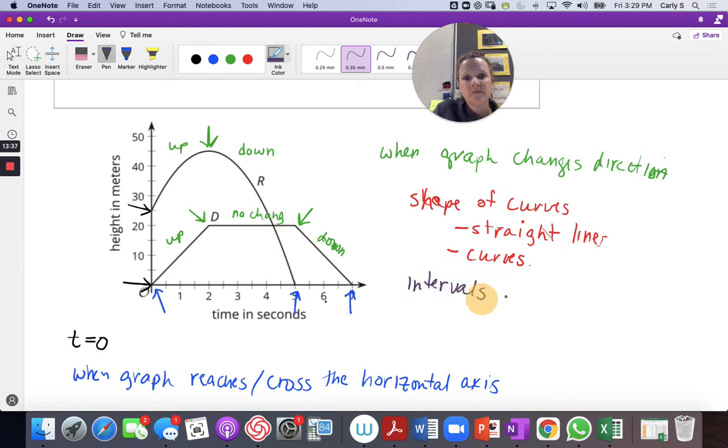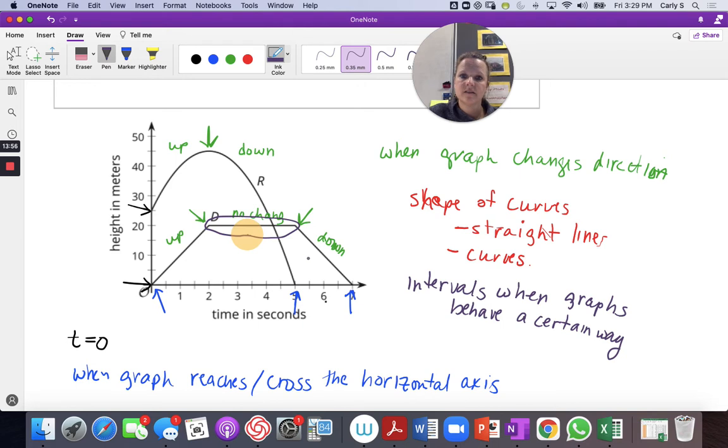Intervals when graphs behave a certain way, that means here it's not changing. Here we're straight line down, straight line up, things like that.